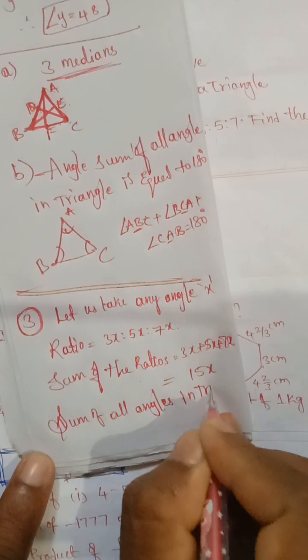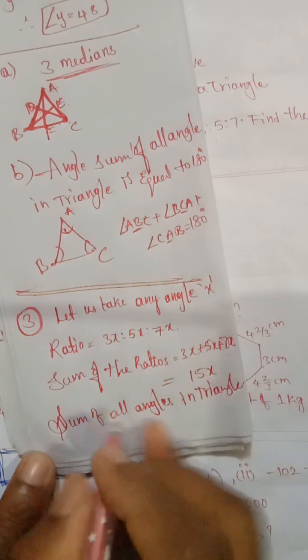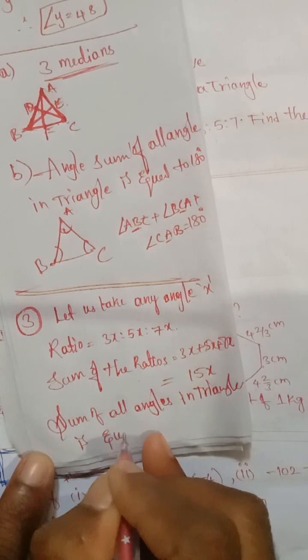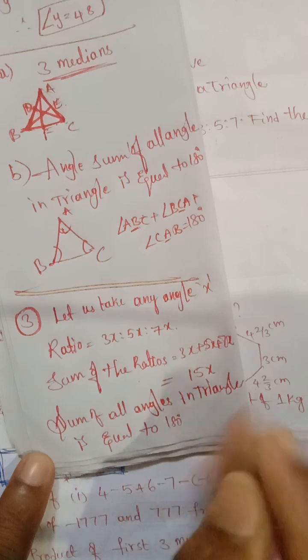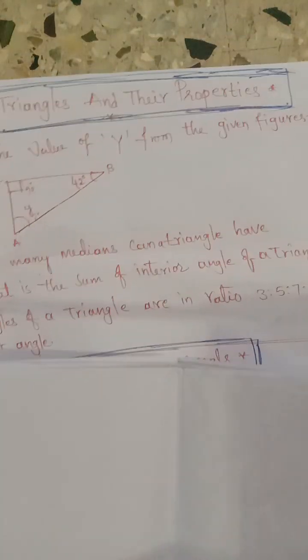That's why we can write 3x plus 5x plus 7x equals 180 degrees, so 15x equals 180 degrees.